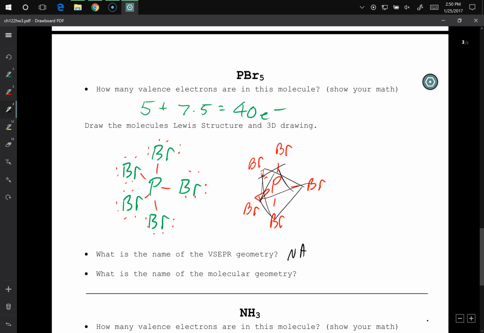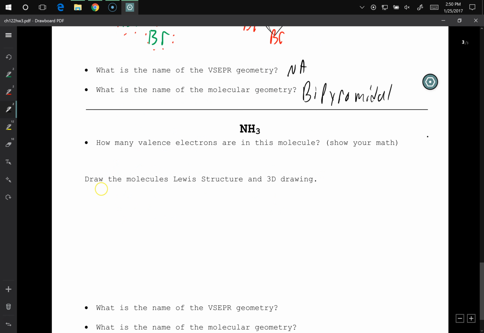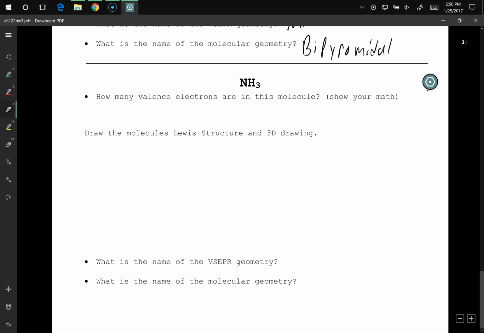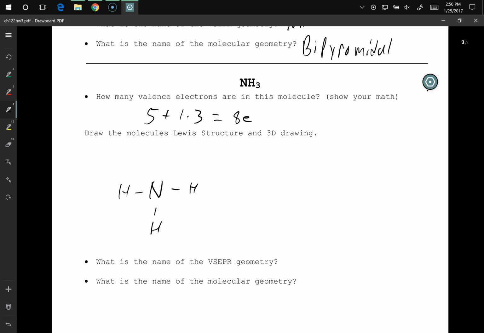So NH3, and then ready? All right, so the nitrogen has 5, and I've got 8 total. I'll go ahead and put a nitrogen in the middle, and then a hydrogen, and a hydrogen, and a hydrogen. I've used 6 electrons. The hydrogens are happy, the nitrogen's not. I'll throw 2 more electrons here, and now all 8 electrons have been used, and the molecule's happy.